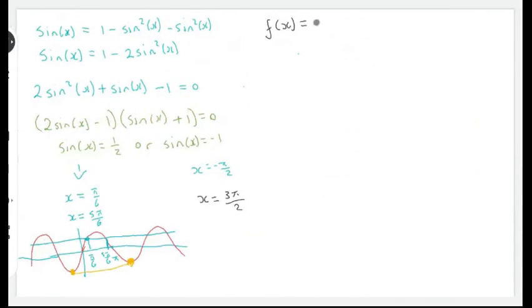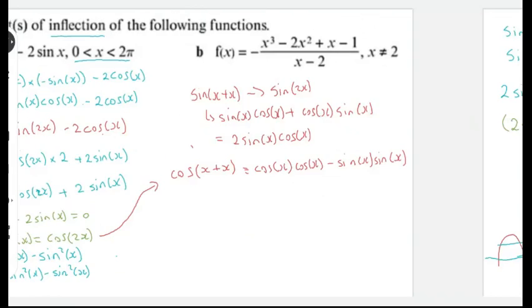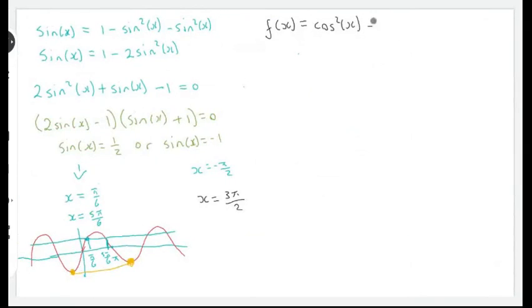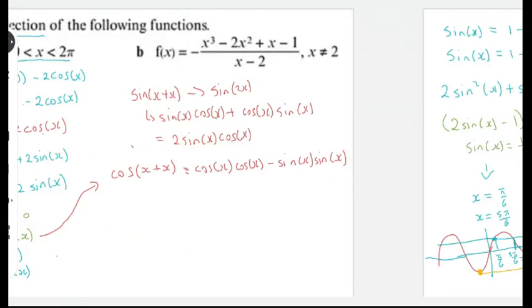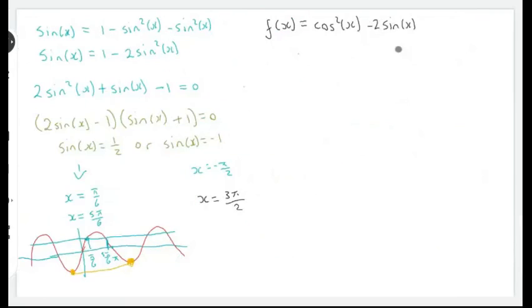No problem. So f of x is equal to cos squared of x minus 2 sine x. Yeah, just that. So now I need to substitute in each value of x into f of x to get out my other coordinates.